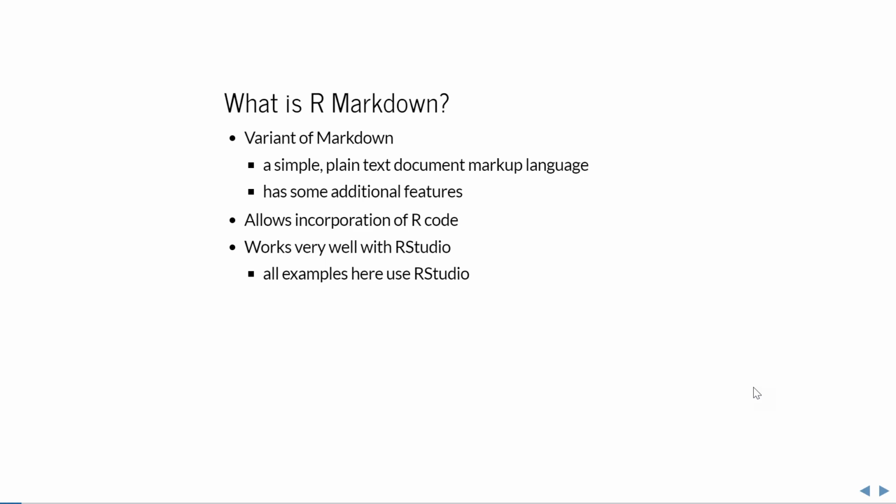It's very easy to use, much simpler than a word processor. R Markdown builds on Markdown by adding several features to it, the most important of which is that it allows you to add R code to a document. This was developed for RStudio, and it works very well with it. And so all the examples here today are done with RStudio.